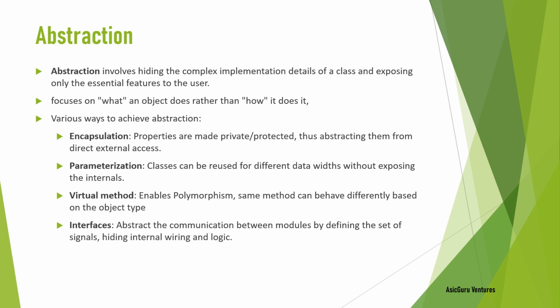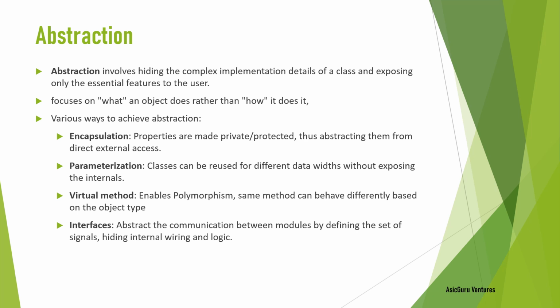Now look at abstraction. Abstraction means hiding the complex internal details of a class and exposing only what is necessary to the outside world. So here the focus is on what an object does rather than how it does it. SystemVerilog offers multiple ways to achieve abstraction.